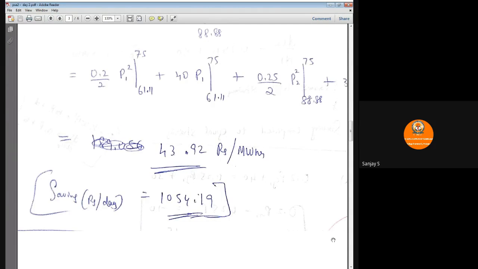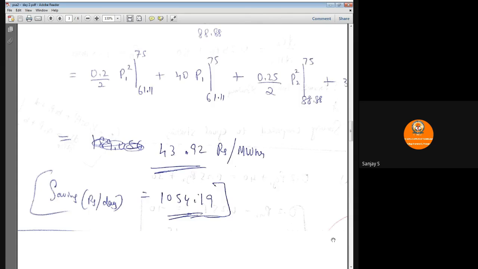Here I'm showing you the steps for integration. After doing the integration, I get the value as 41.92 rupees per hour. It's not rupees per megawatt hour, it should be rupees per hour.